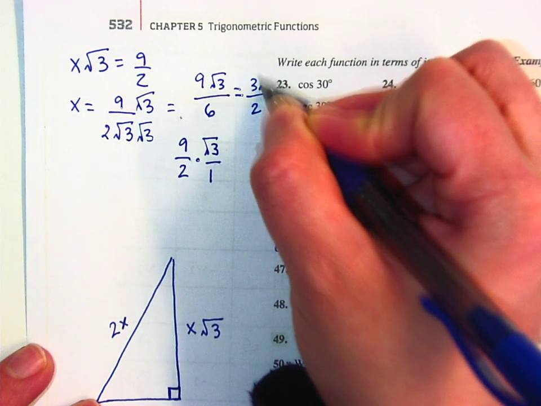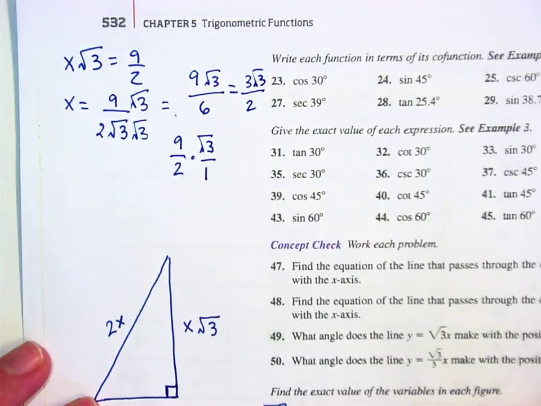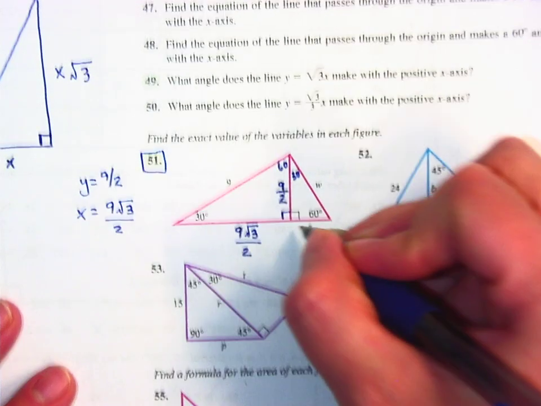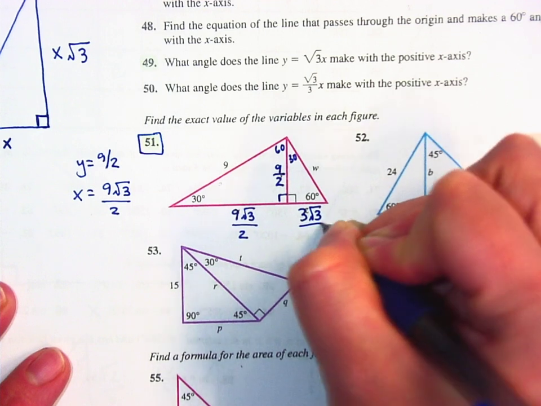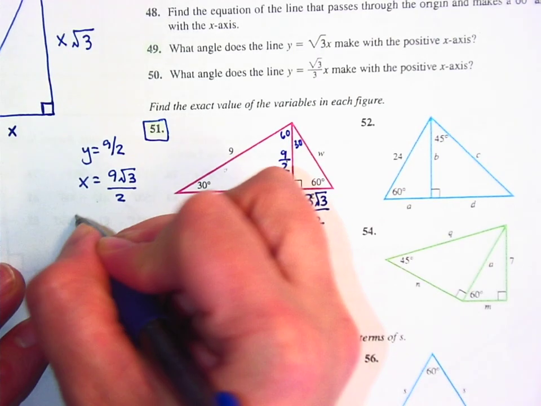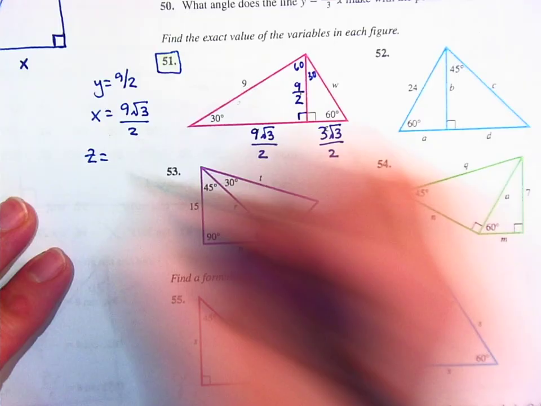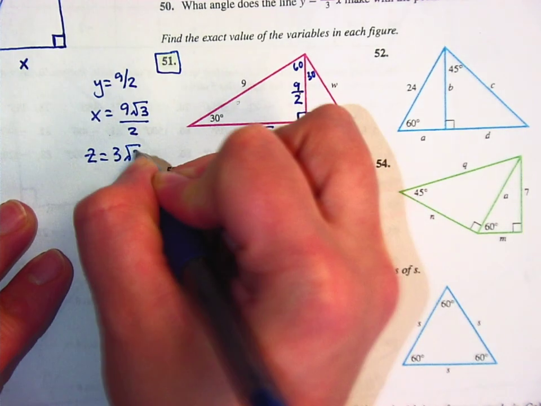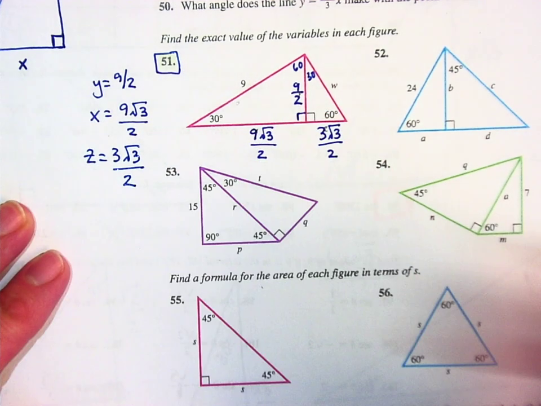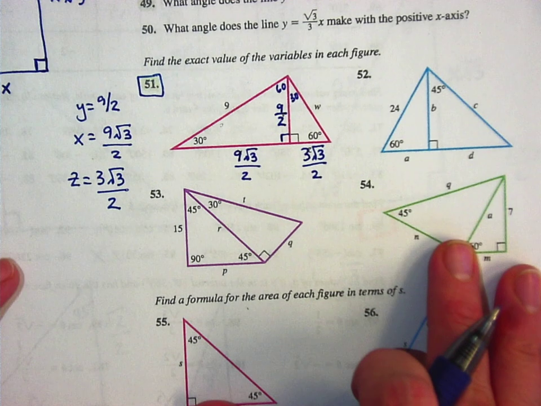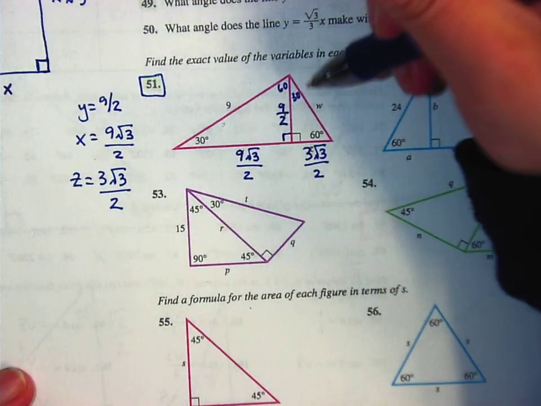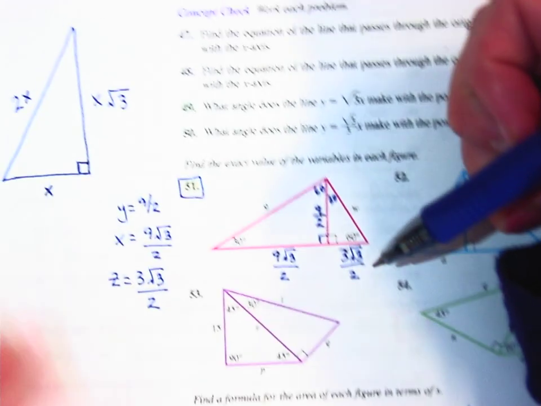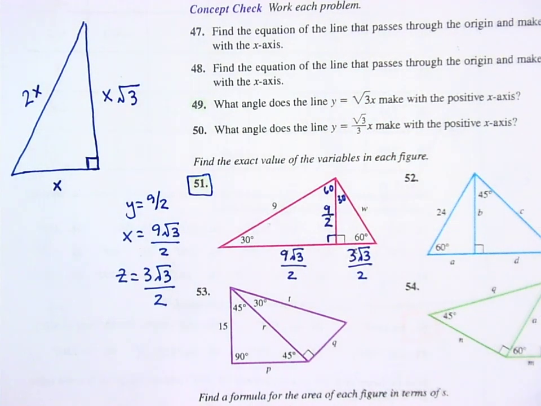I'm going to put that one in down here. This was actually, I think, one of the harder problems. 3 times the square root of 3 over 2 goes down here, and that is z. And finally, we have this slanty diagonal. What do I have to do for that one?